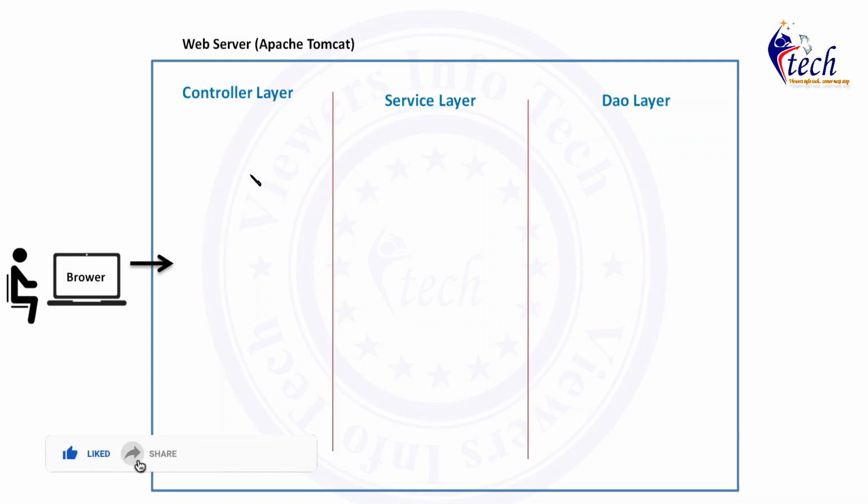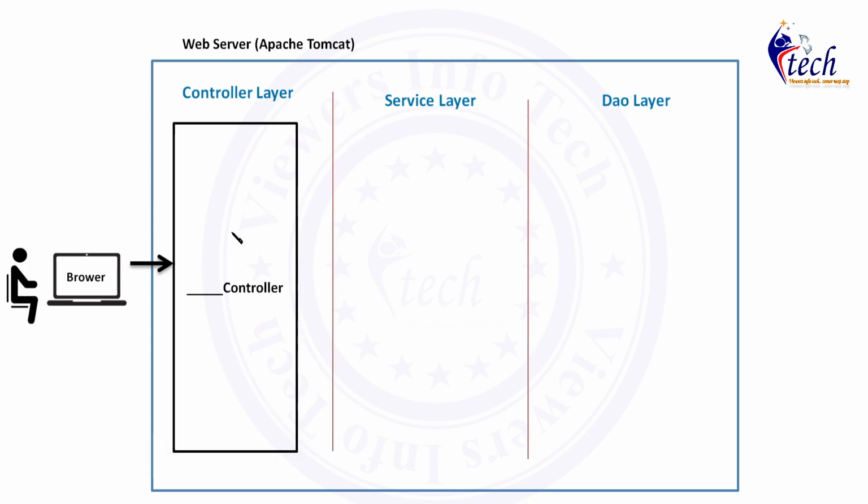If you observe here, the controller layer handles the browser's request based on the URL, and it will call the controller. The controller is identified based on the URL pattern. The blank indicates your module name or task name, like login controller, registration controller, admin controller, or user controller.